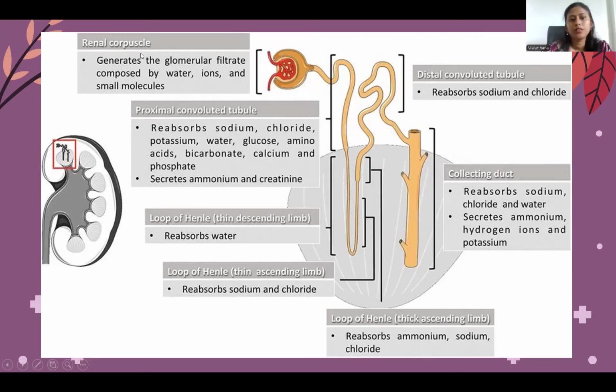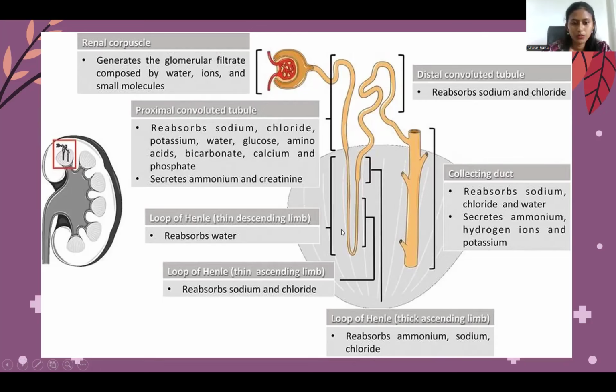The renal corpuscle generates the glomerular filtrate, which is composed of water, ions, and small molecules. The most proximal part of the renal tubule is called the proximal convoluted tubule. It reabsorbs sodium, chloride, potassium, water, glucose, and amino acids, and it secretes ammonium and creatinine.